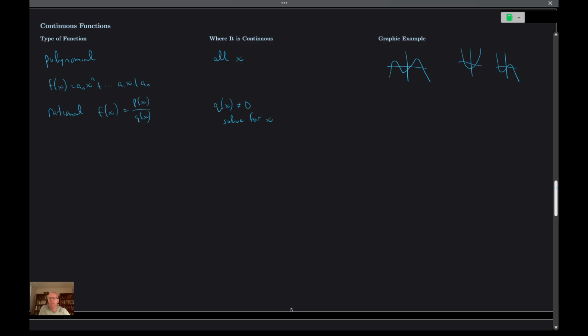For instance, if you have x plus 3 over x minus 2, you'd say x minus 2 is not equal to 0, so it is continuous everywhere except 2. As long as x is not equal to 2, it's going to be continuous. And then the graph, we will use 2 here, so we'll say something like that.